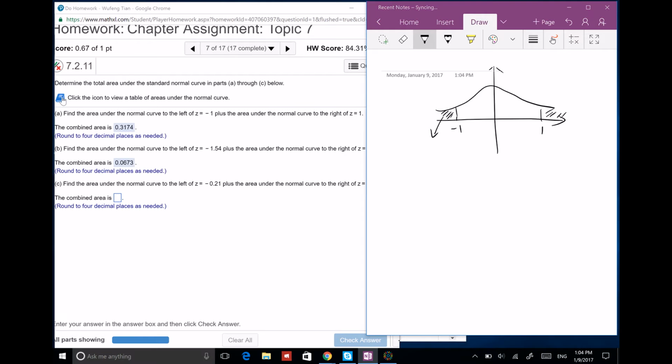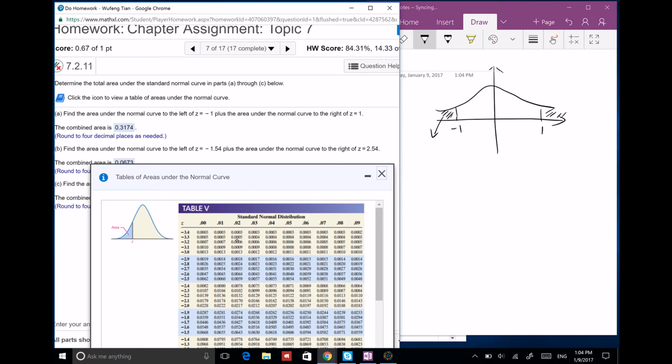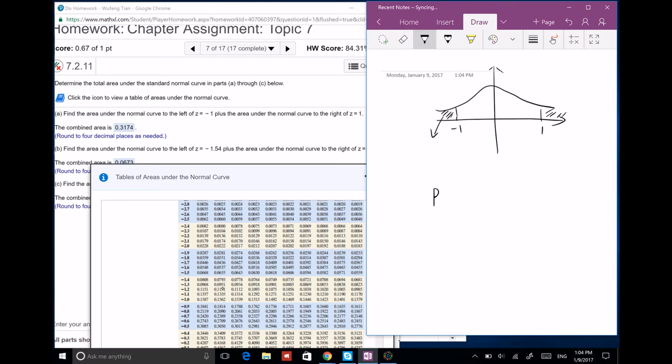So z equals negative 1, negative 1 is here, the area. Probability of z less than negative 1.0 equals 0.1587. Since they are symmetric, you also get P of z bigger than 1.0 equals 0.1587. Together you add them, so the answer is going to be 0.3174.